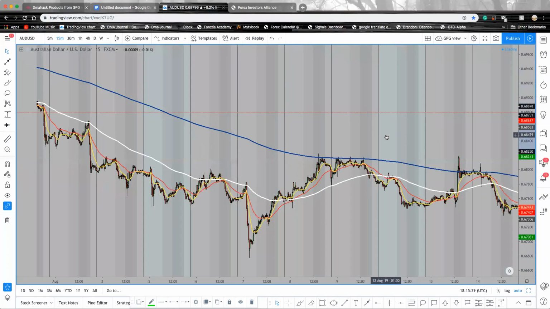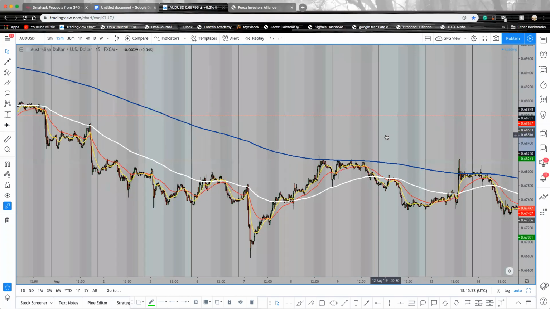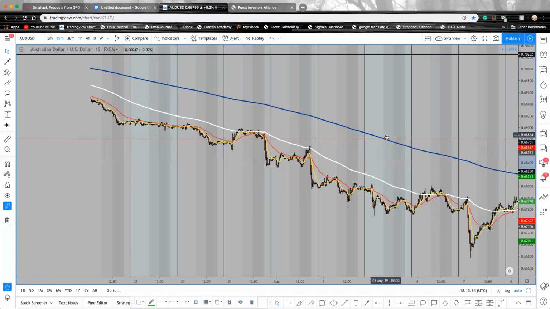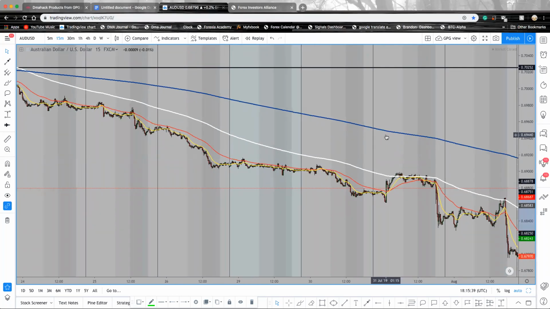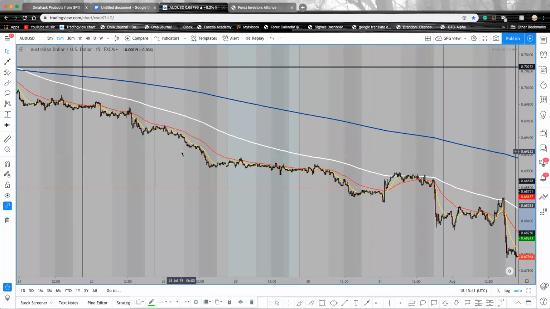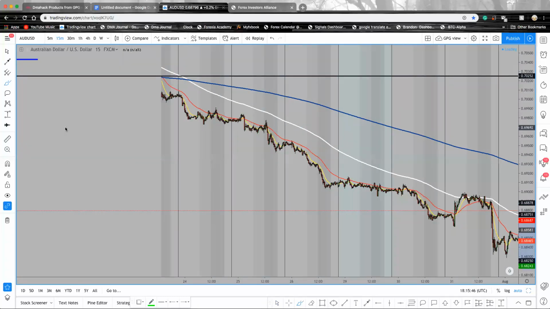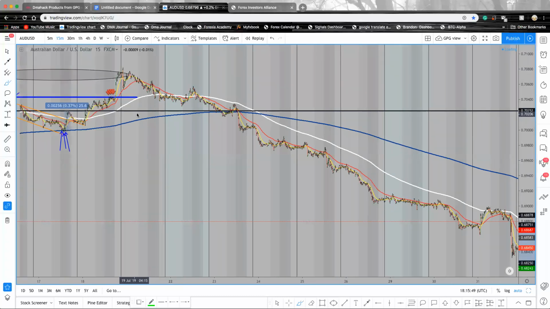Let me see if I can find any like this. There you go. So you can see how the market is in a downtrend, right? You can see how the averages are far from each other. This was basically the shift, very slowly moved, but this shift to here and this last one was the cause of this average crossing down.